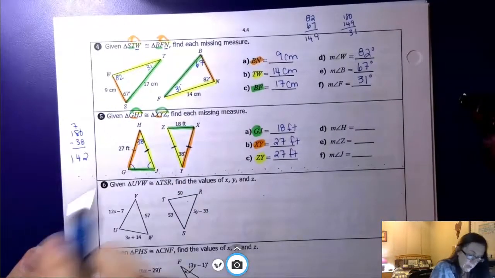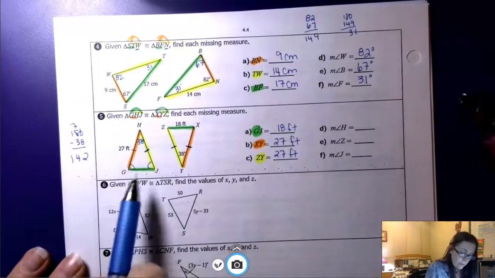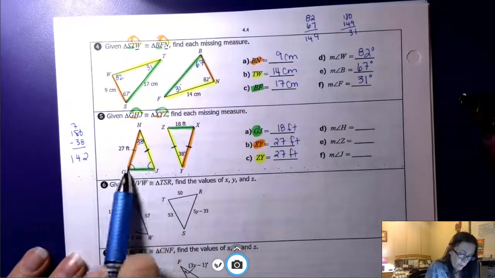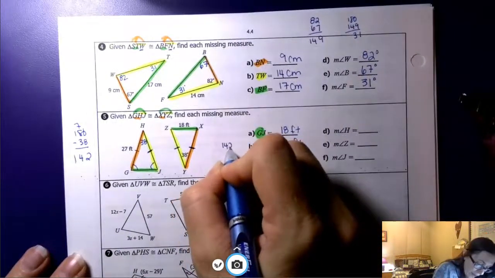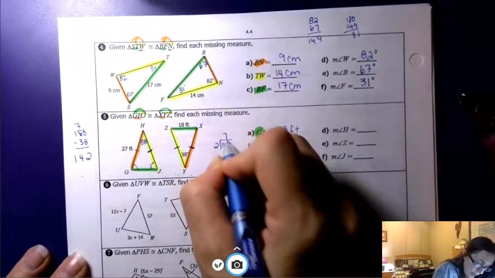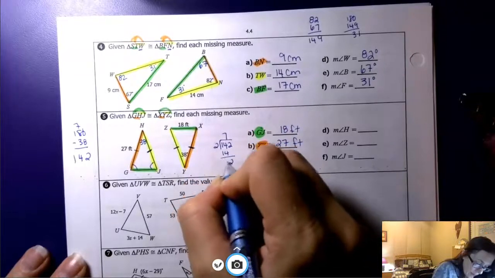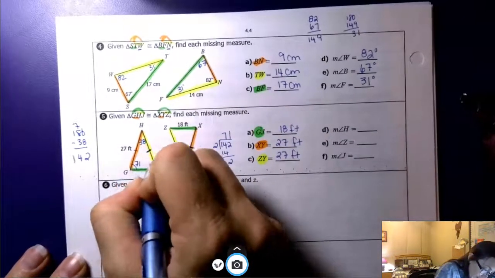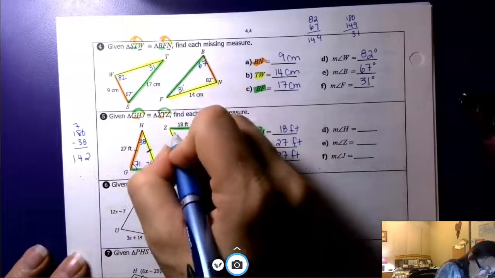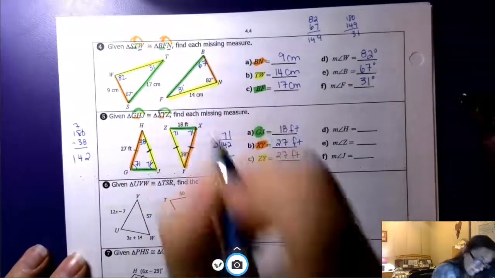So I have 142 degrees left over for these two. So I'm going to take 142 and divide it in half. And I get 71 degrees. So both of these are going to be 71 degrees, and both of these will be 71 degrees.